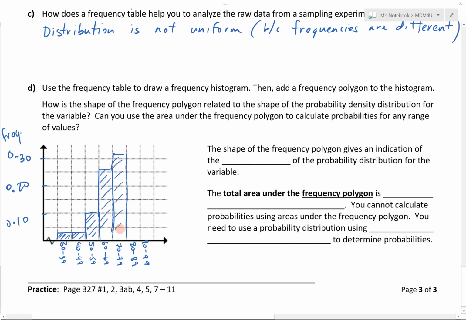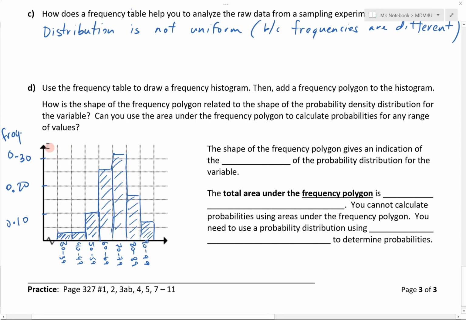And 80 to 89 is at 16.7%, so we're back down here. And then 90 to 99 is 6.7%, so maybe just a smidge above the 5. Okay, this is a rough drawing of what the distribution would look like.